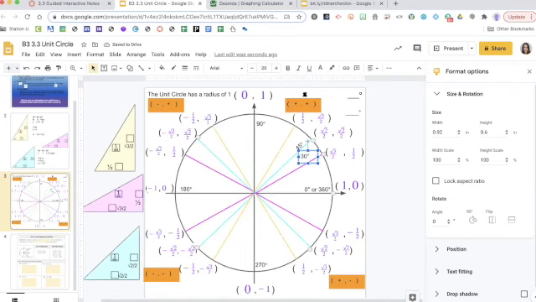Yes, 30 degrees. And so I'm just making sure that I can tell that that goes with the pink line.